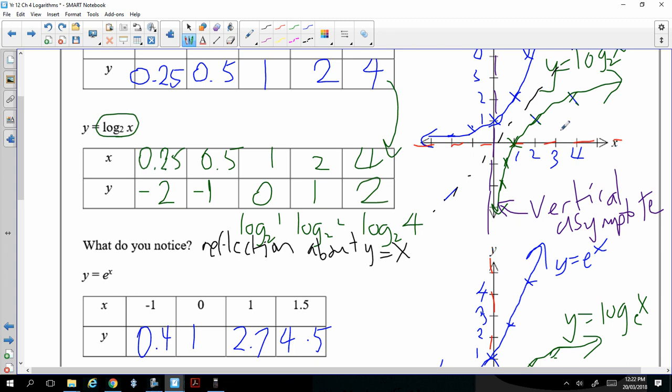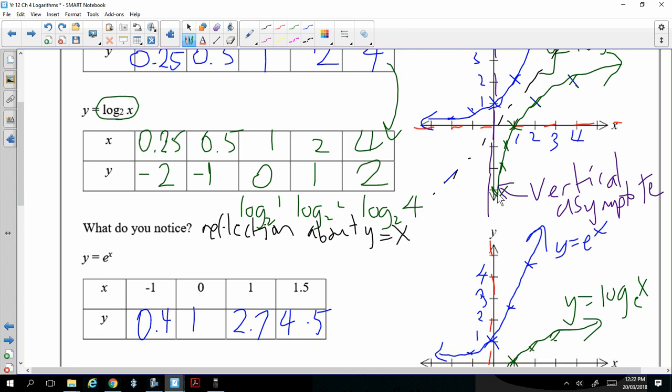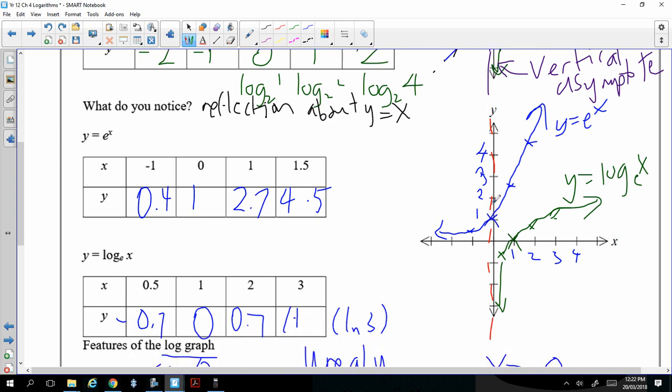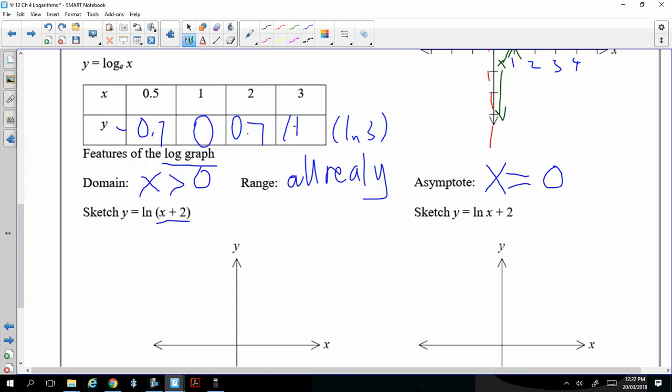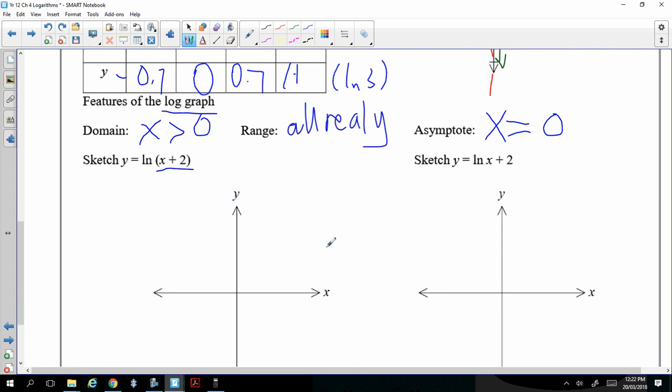Okay, good. Now we're going to sketch this. Hopefully you remember what that does to the graph. What does x plus 2 do to the graph? It shifts to the left. Very good. 2 units. So let's draw that. We have a log graph that looks like this.